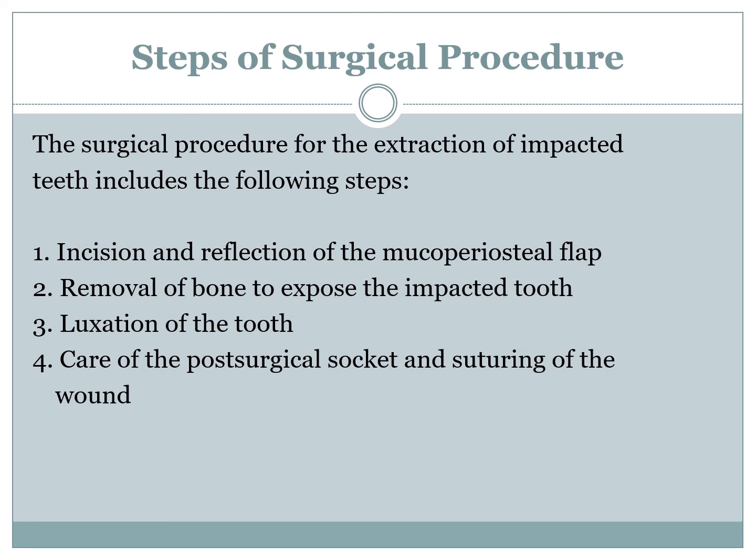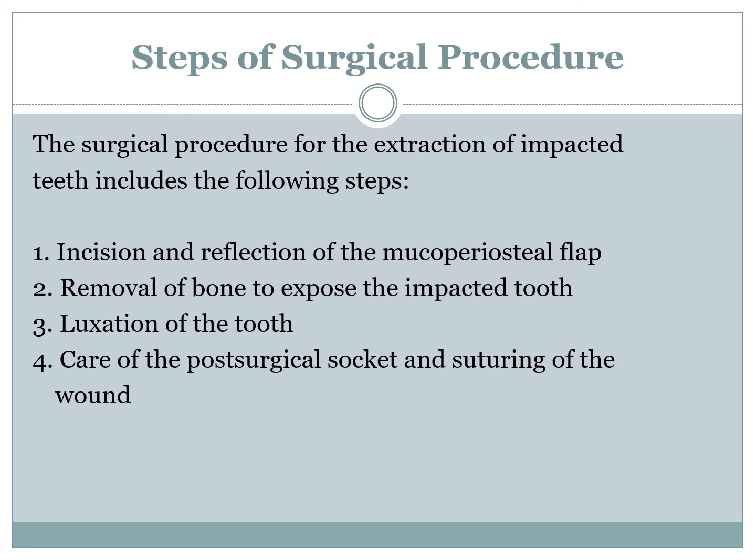So what are the steps for the surgical procedure? The surgical procedure for the excision of an impacted tooth includes the following: incision and reflection of the mucoperiosteal flap, so that we can get accessibility to the surgical area. Removal of the bone to expose the impacted tooth, which is done using a chisel or bur.